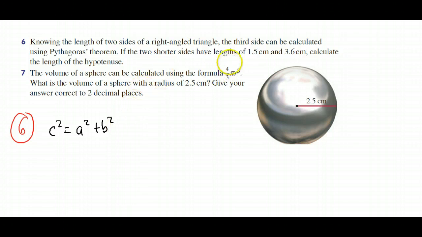And in this case, we're told that the two shorter sides, which are a and b, have lengths of 1.5 and 3.6. It doesn't matter which one we put into which, it's not going to change the result, they're both going to get squared either way. So we just have to put in 1.5 squared plus 3.6 squared into a calculator and see what we get.